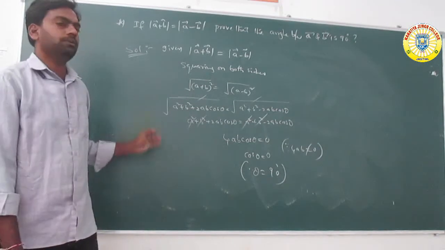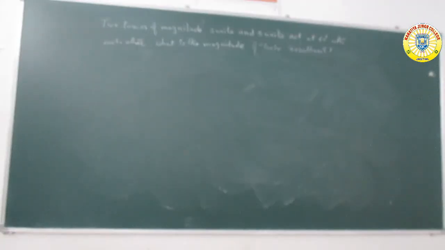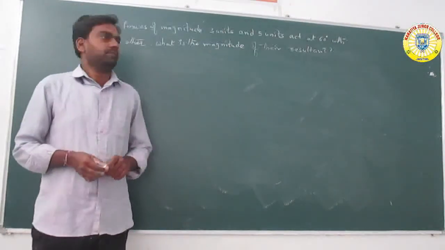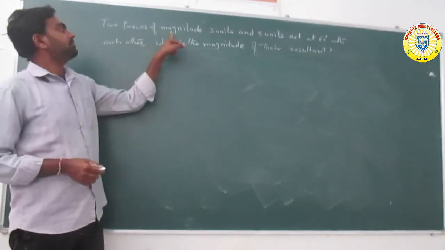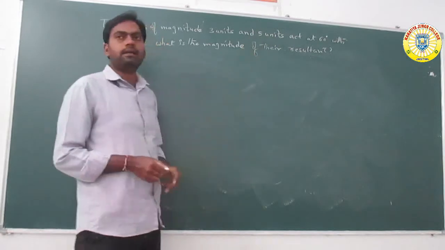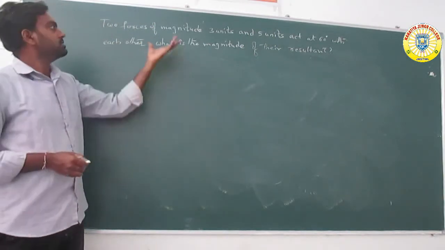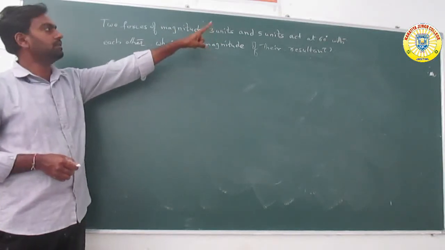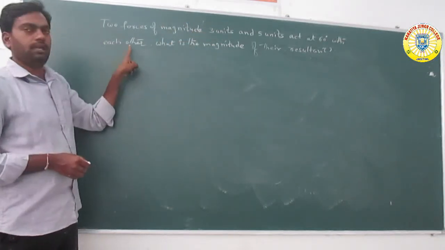Okay, so you can write. Correct. So listen here. Two forces of magnitude 3 units and 5 units act at 60 degrees with each other.